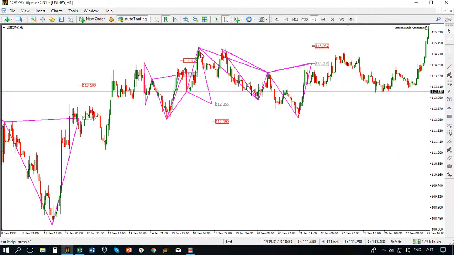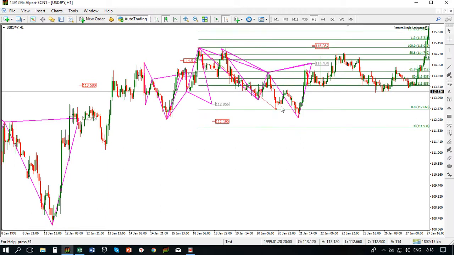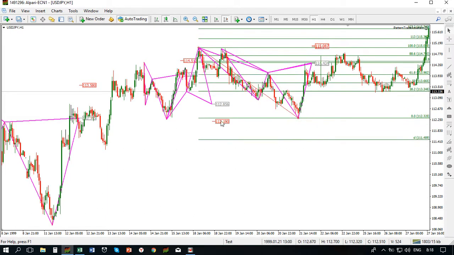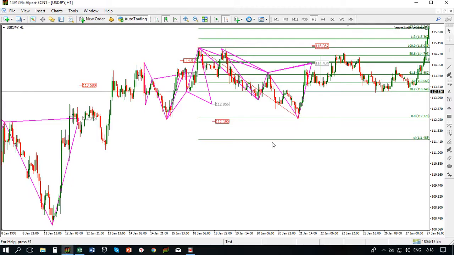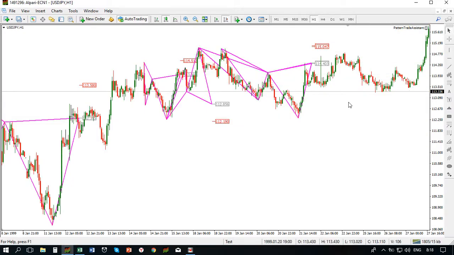Going next, the bullish one. Bullish goes here, then to here, and then a bit lower. Didn't touch stop loss, it went to 618, it is plus. Going next, the bearish one.